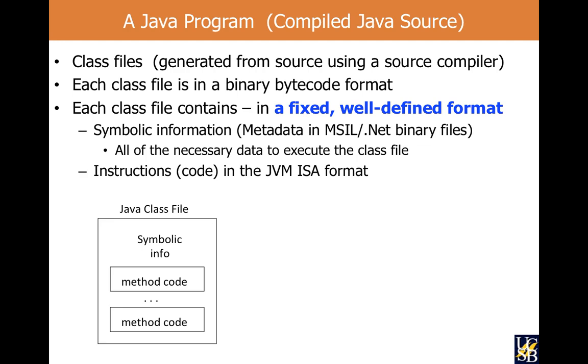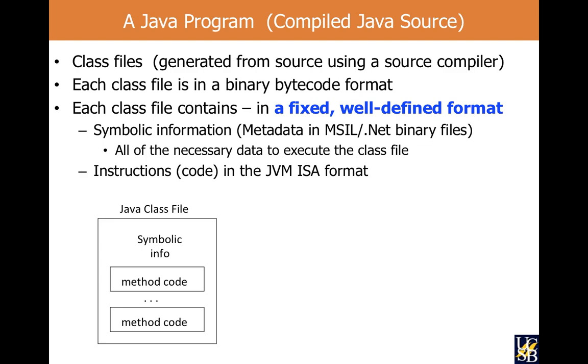Every single byte has a place and is in a particular order. That makes it really easy to check for structure problems, and it makes it really easy to find things, because what we're going to have to do once we transfer this over the network is load it into memory and create an internal representation of the class so that the runtime can make use of it in its translation.